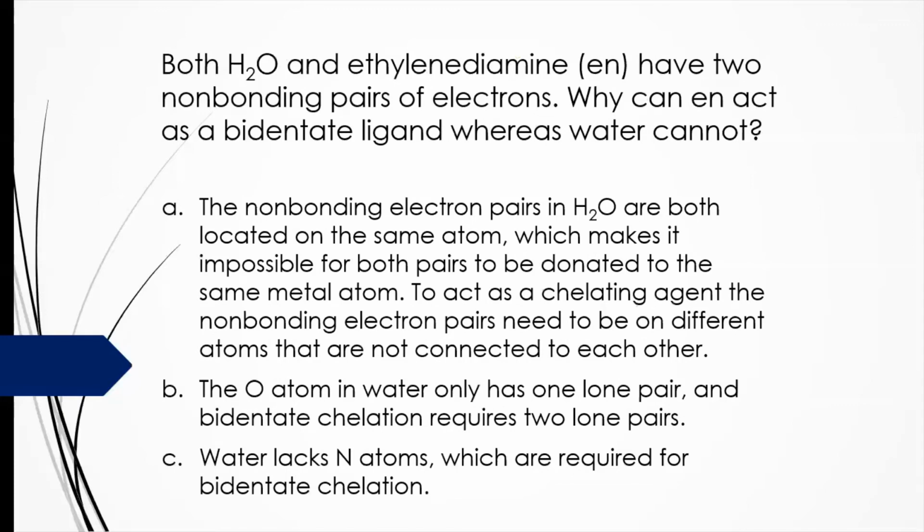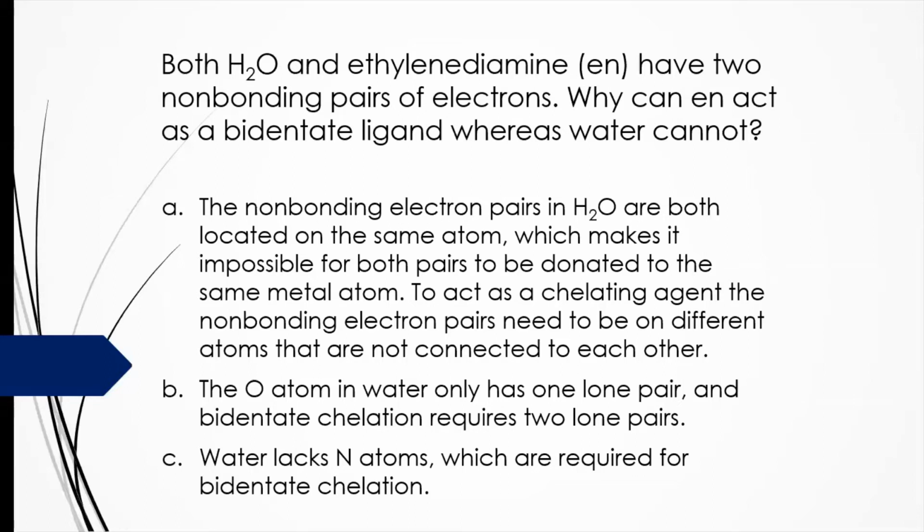Let's think of it this way. Now water and ethylenediamine, the compound I just showed you, both have 2 non-bonding pairs of electrons. Why can ethylenediamine act as a bidentate ligand, but water can't? Why can the ethylenediamine attach to 2 different sites of the metal, but our water can't?